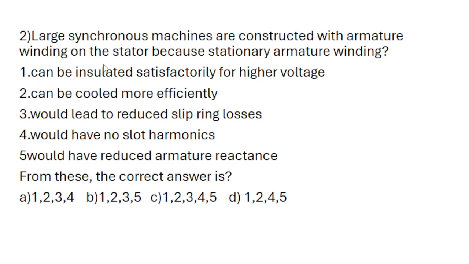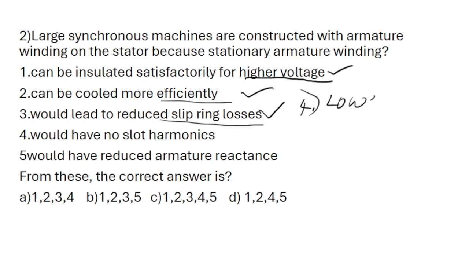Here, the correct answer is: large synchronous machines are constructed with armature winding on the stator because stationary armature winding can be insulated for higher voltage, cooled more efficiently, and reduces slip ring losses. Next thing, it has a few more advantages. Stationary armature requires lower maintenance, and it provides greater mechanical stability.